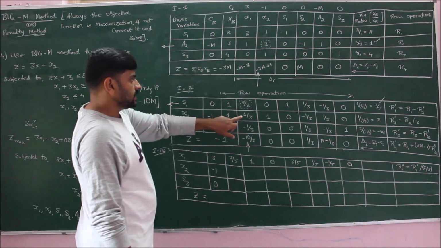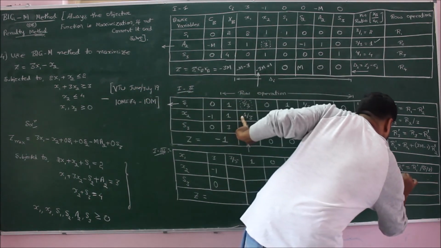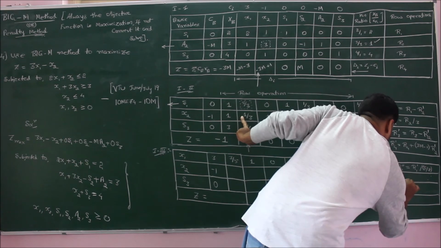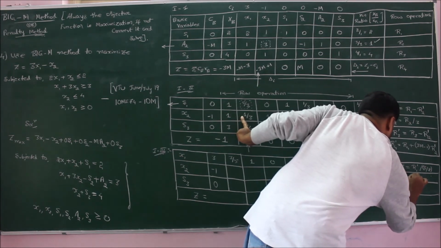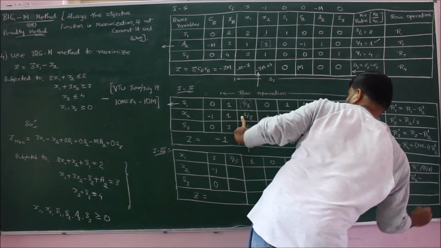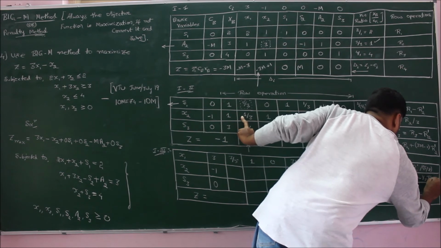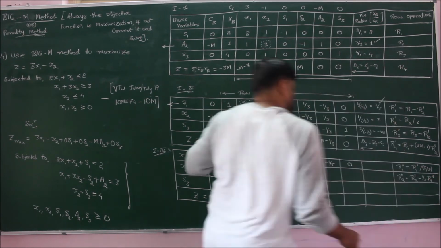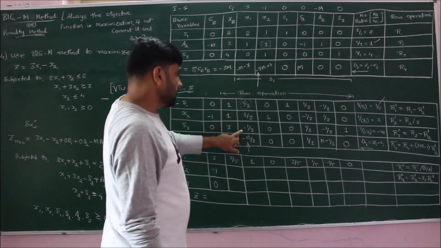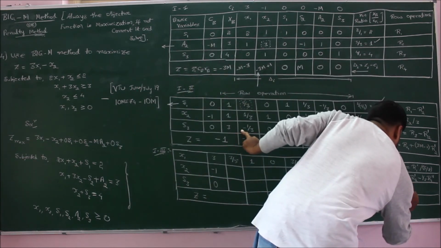So now I should make this as 0. It is possible by taking row 2 as R2 double dash is equal to row 2 of the previous step, that is R2 dash minus 1 by 3rd of the key row. Key row is R1 double dash. Similarly here I have minus 1 by 3, so therefore I should take it as plus 1 by 3.